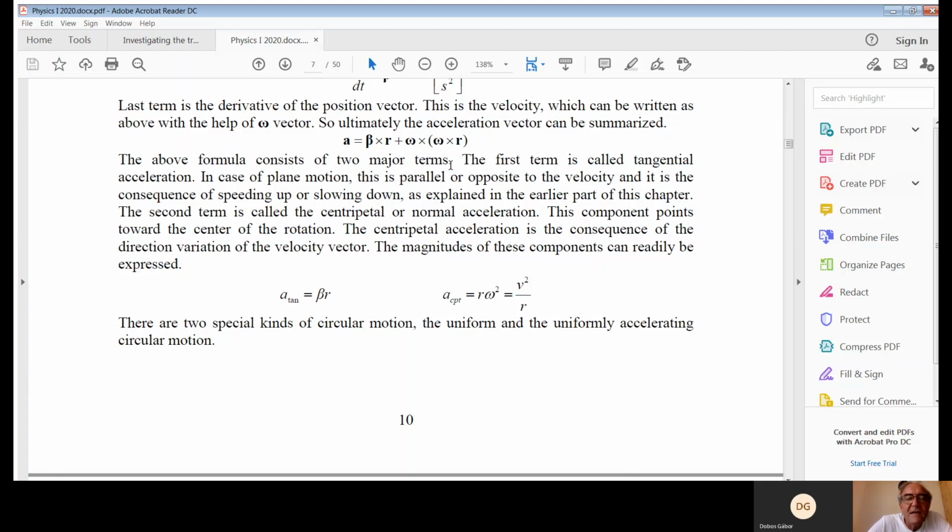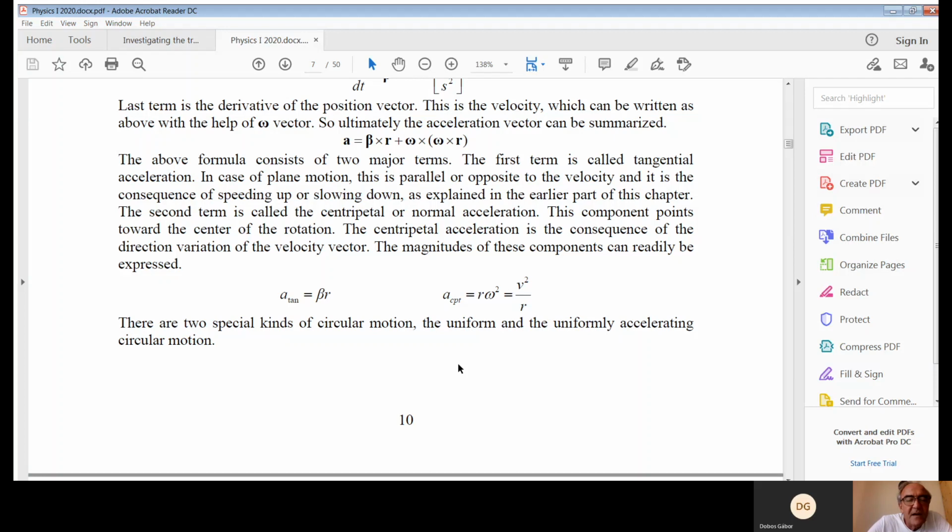And this one here is omega cross r. If we consider the magnitude, omega cross r is r omega square, or if we substitute the velocity into here, this is v square over r.